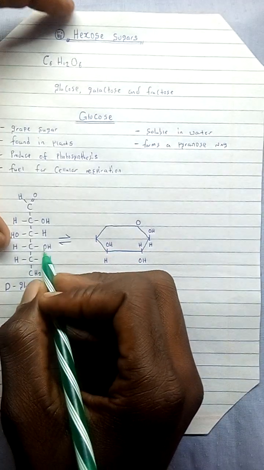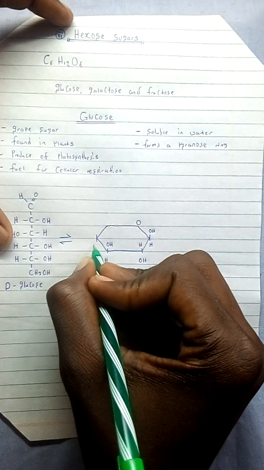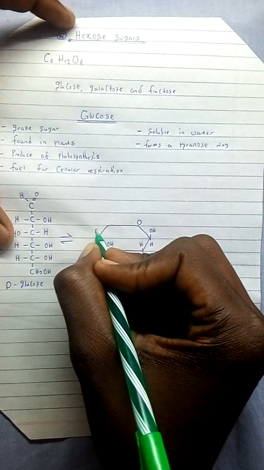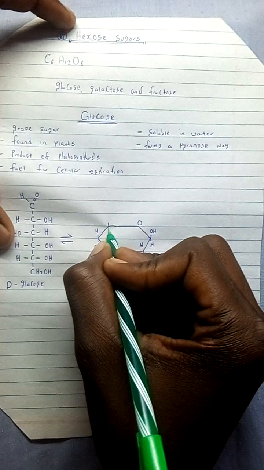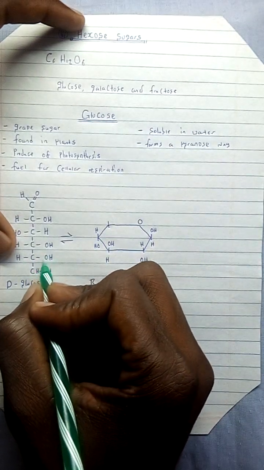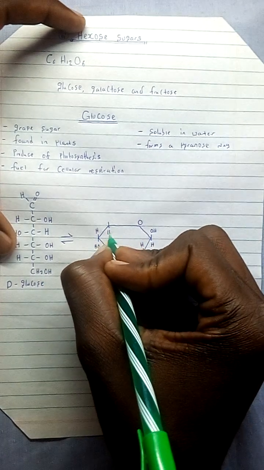On carbon number 4, here we have the OH, and here we have H. What about here? The oxygen here would have reacted with this, so we'll have H down there.